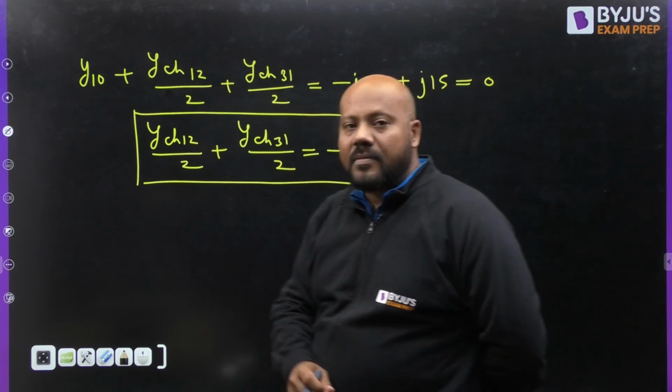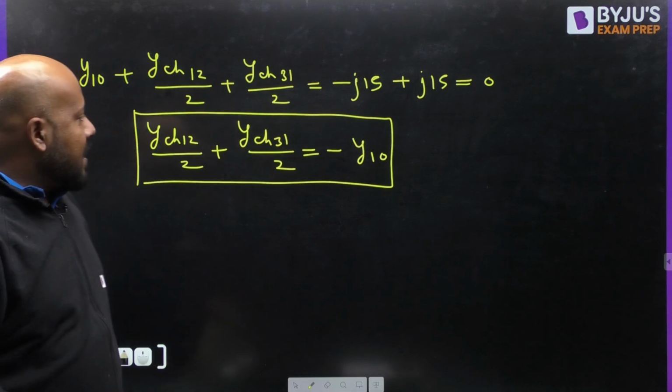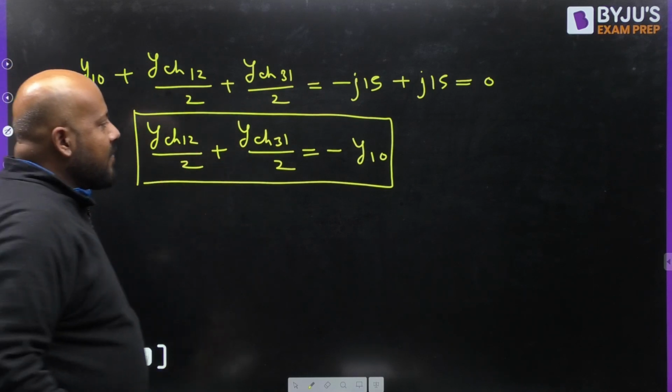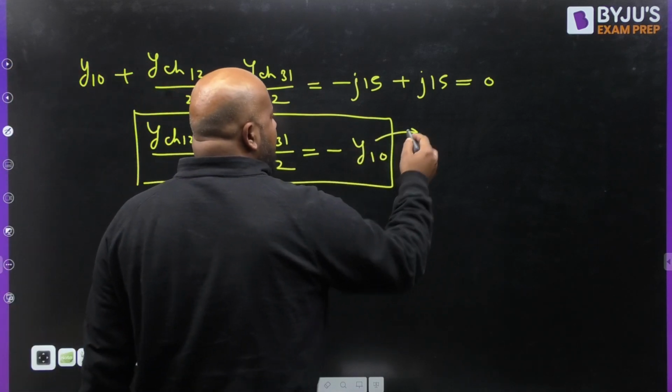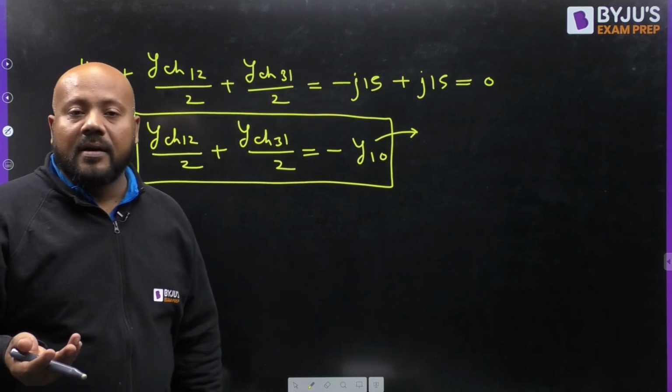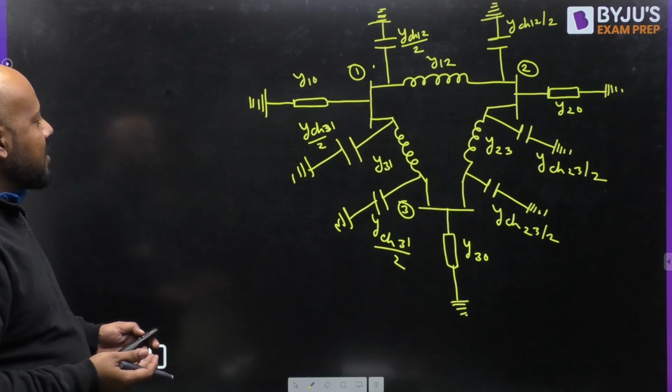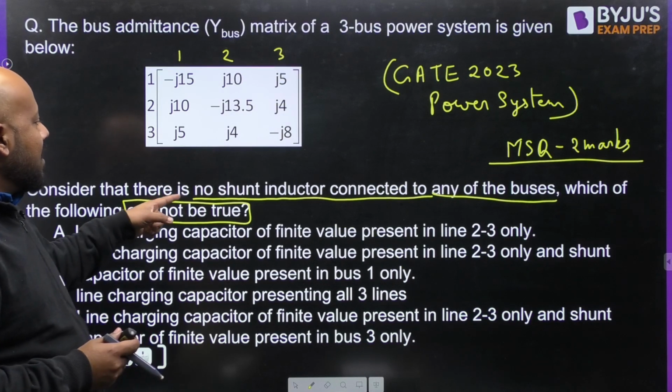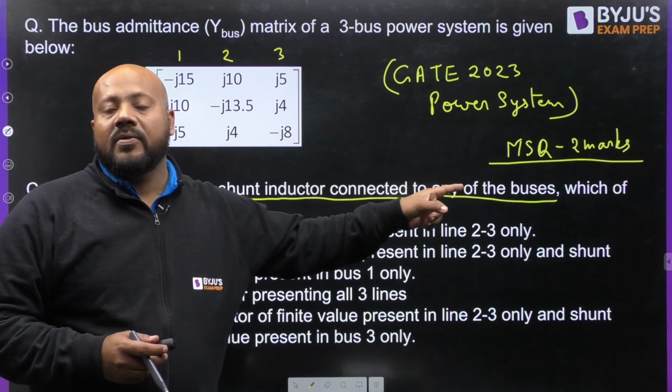Yes or no? Yes? And this can only be possible if this y10 is going to be an inductor or reactor. But in the question it is clearly mentioned, no shunt inductor is connected to any of the buses.